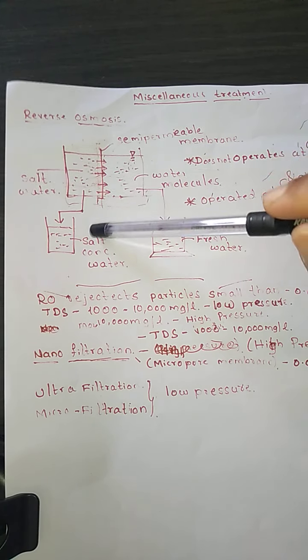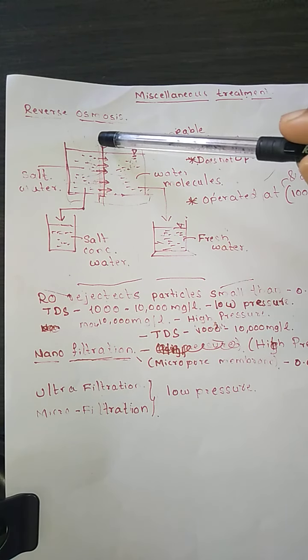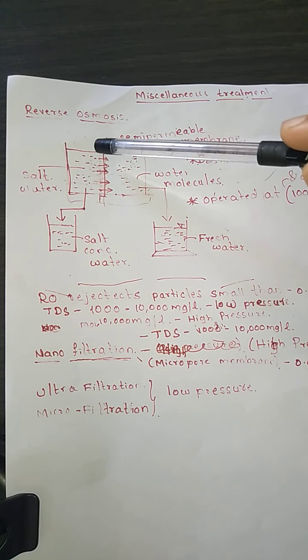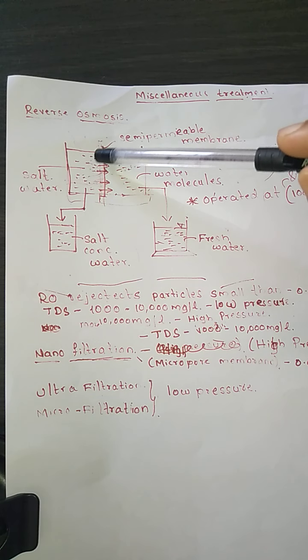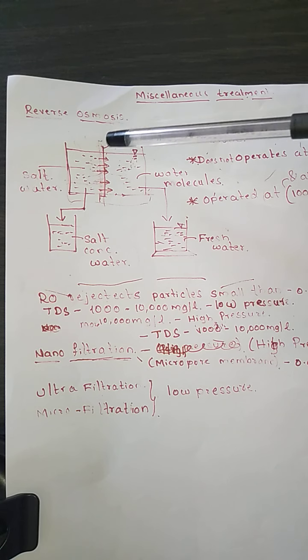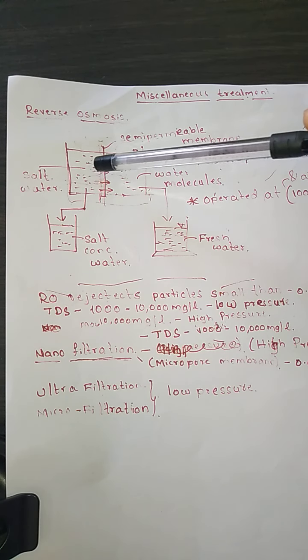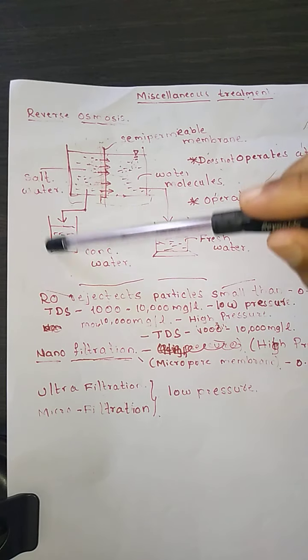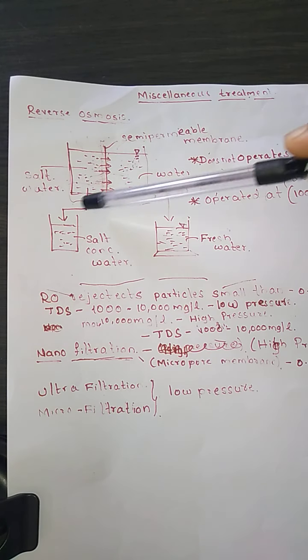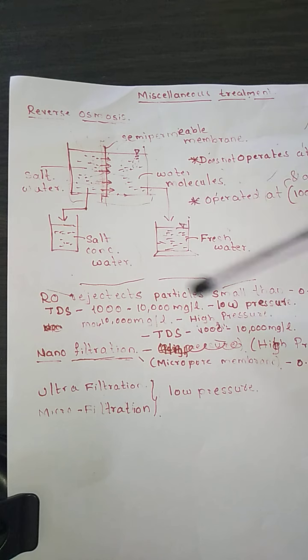Then this semi-permeable membrane attracts whatever hardness-creating elements are there. They get arrested in the pores inside it, and ultimately we get the salt-concentrated water at one end and the fresh water at the other end.